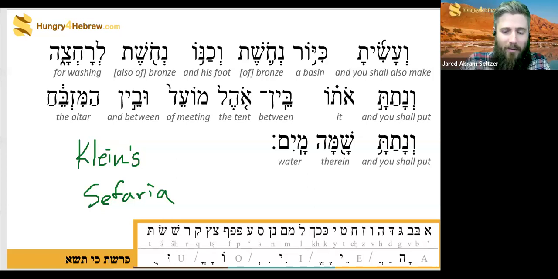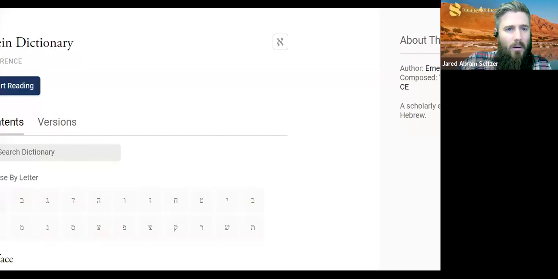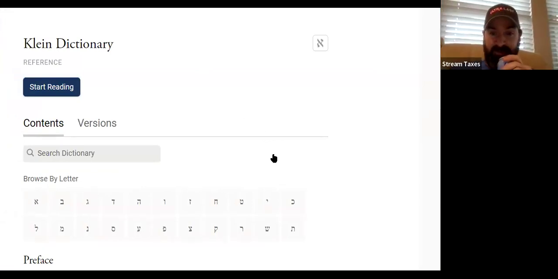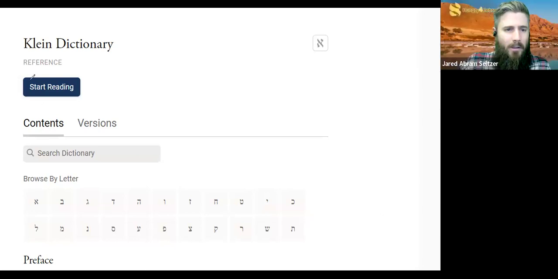Sefaria. Oh, I already have it opened up. Okay, cool. Klein's Dictionary on Sefaria.com. Let me give you the link in the chat. Very handy resource. So what I'd want to know is, let's look up the word sham. If you can't type in Hebrew, you can use these here. Sham.